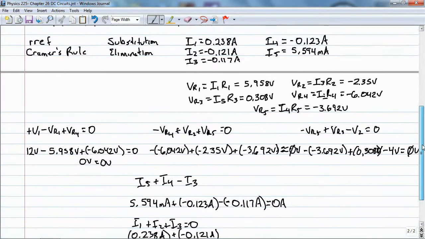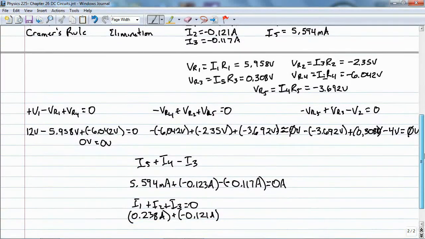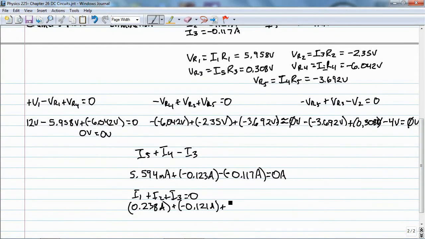And I3 is a negative 0.117 amps. And if I add those up, actually subtracting and adding, I'm going to come up with 0 amps. So this circuit is complete and it's tested, and we've made sure that we're correct. And this is how you solve a circuit using the branch method.